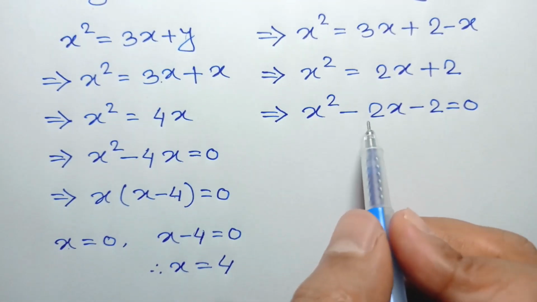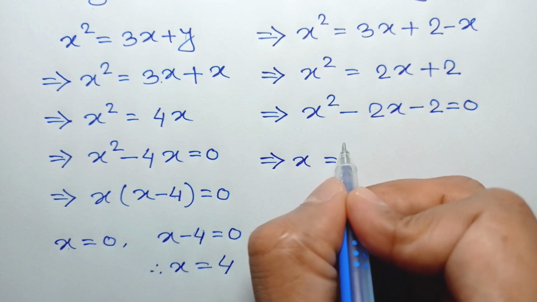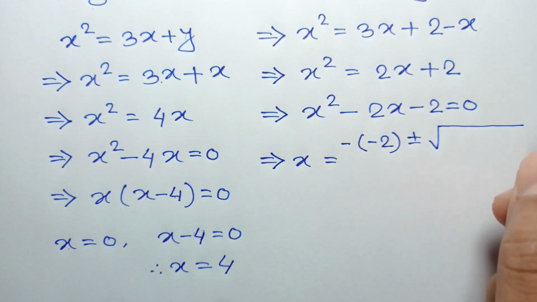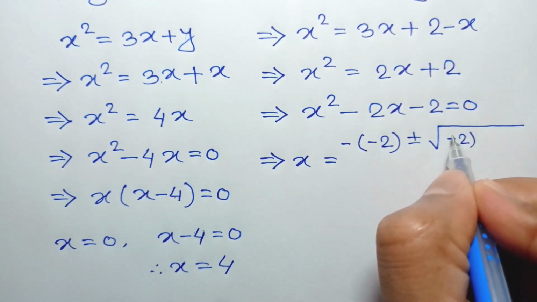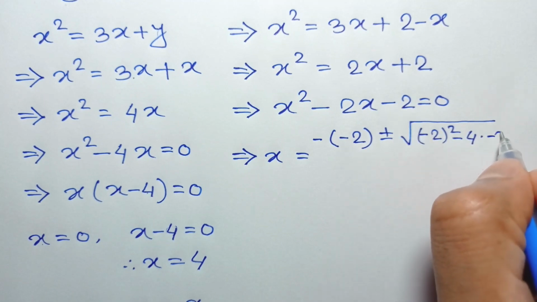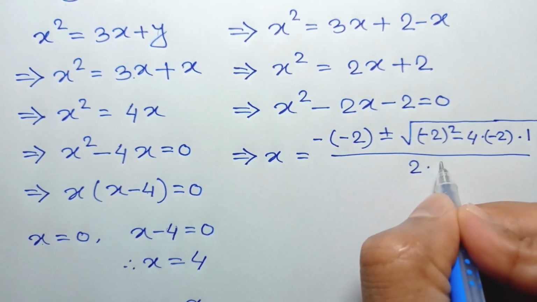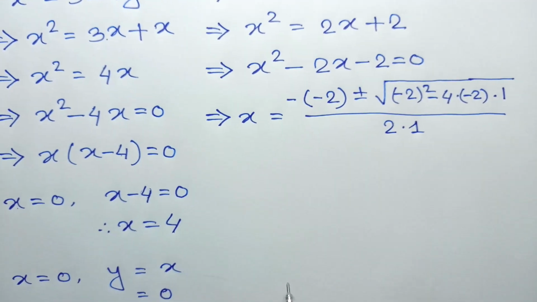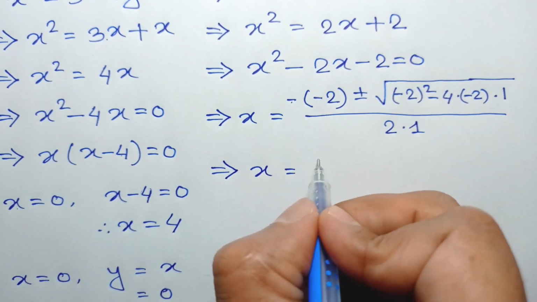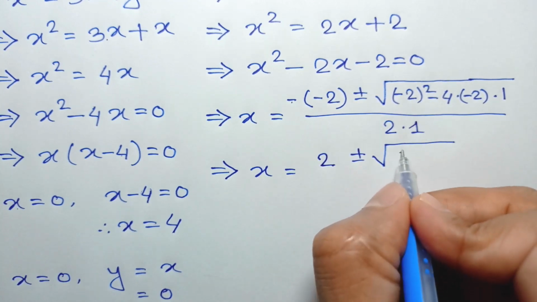Now applying the quadratic formula, we will have the value of x is equal to negative b, means negative of negative 2, plus or minus square root of b square, means negative 2 whole square, minus 4 times c, means negative 2, times a is 1, over 2 times a is 1, or x is equal to negative of negative 2 is positive 2, plus or minus square root of negative 2 square is 4.